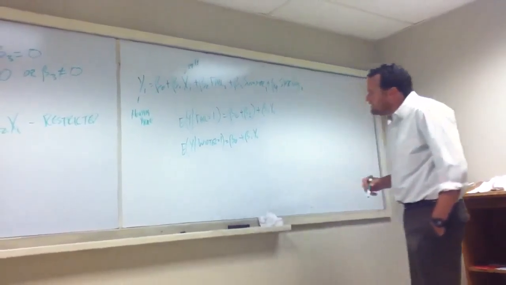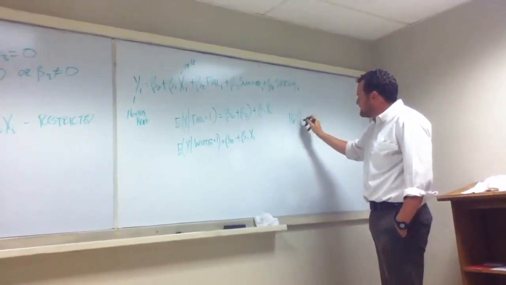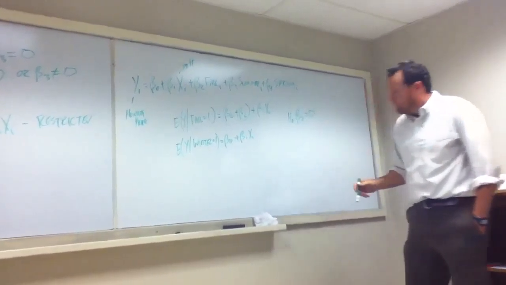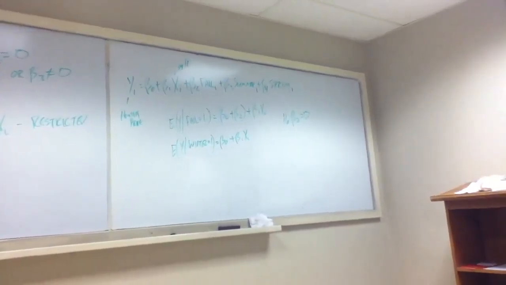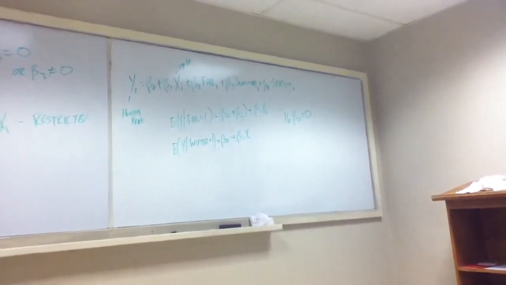So the hypothesis that beta 2 equals 0, how do we interpret beta 2? It's an intercept shifter relative to winter.